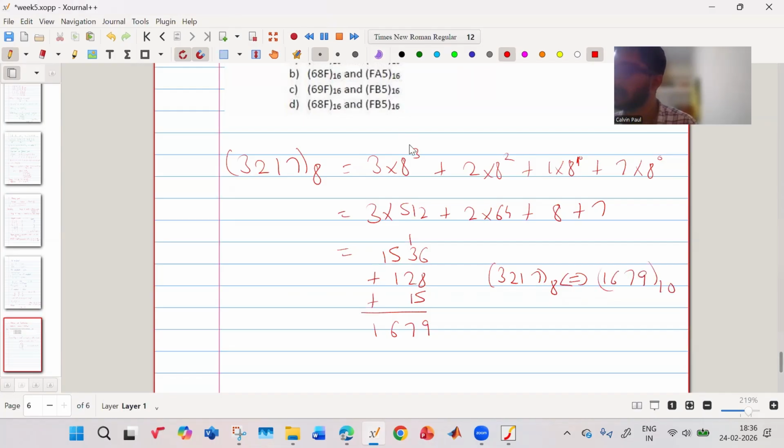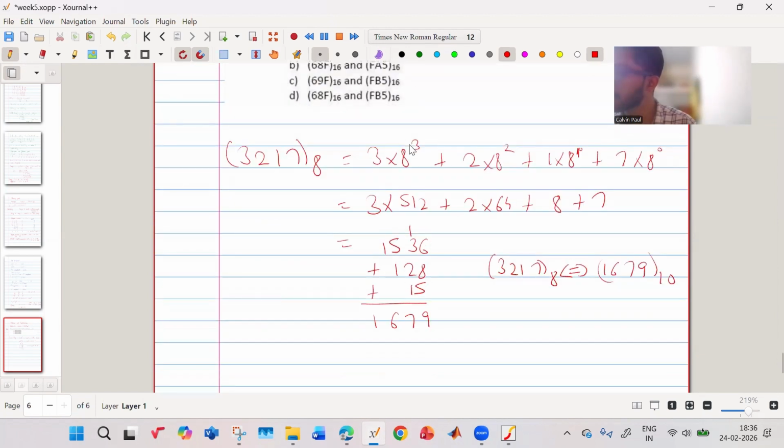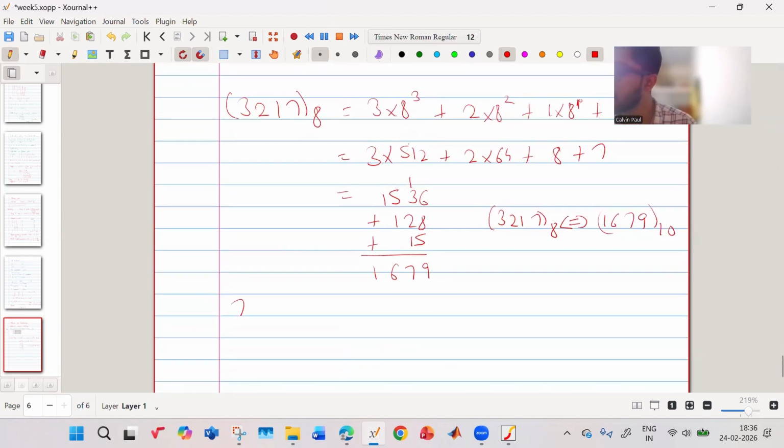Okay. Now, similarly, you have (7645)8. How do you represent that? That is 7 into 8 to the power 3 plus 6 into 8 to the power 2 plus 4 into 8 to the power 1 plus 5 into 8 to the power 0.